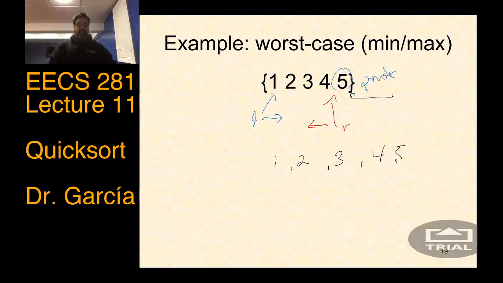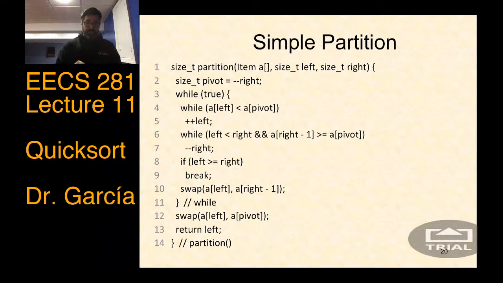All right, so that's basically an overview of what we're looking to accomplish. So now let's look at code for how to do this. This is what it would look like. The first line is the part where I am selecting the rightmost element in the current section of the array that we're looking at, given by left and right.